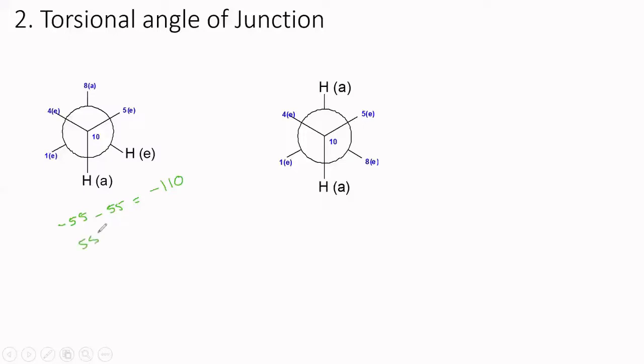अगर ये दोनों प्लस है तो भी कितना हो गया 110. दे विल ऑलवेज गिव यू एडिटिव इफेक्ट. बट ट्रांस दोनों के साइन अपोजिट है तो अगर एक -55 है तो दूसरा +55 होगा. Okay so this will always give you addition.